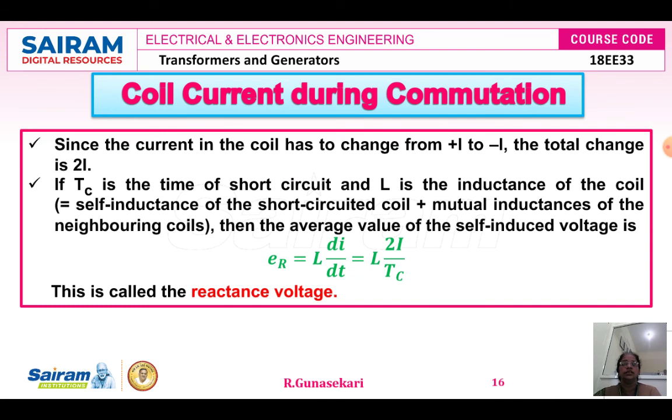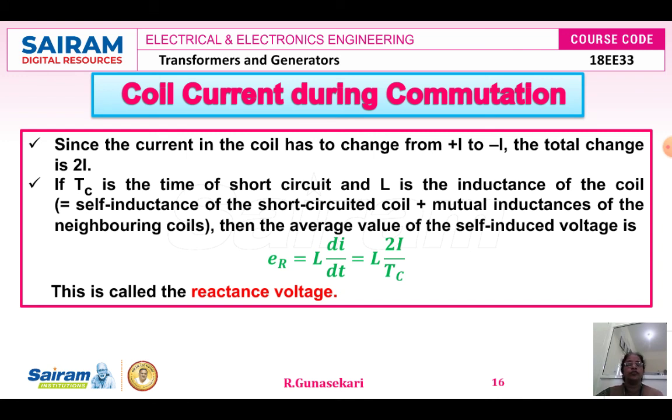Then we studied the reactance voltage. The reactance voltage formula is ER = L × di/dt = L × 2I / Tc, because the current in the armature coil changes from +I to -I, so the total change is 2I. The self inductance of the armature coil is L. The time period for the short circuit process of reversal of current in the armature coil is Tc.